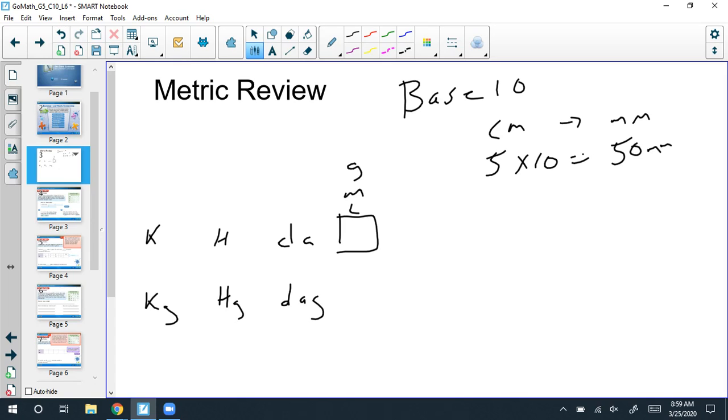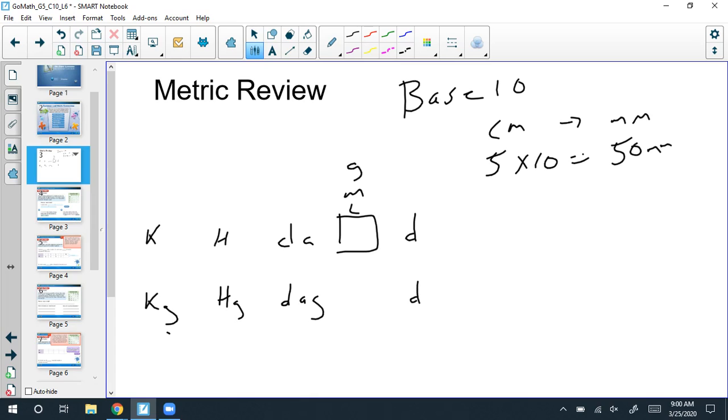Again, each of these is 10 times bigger. So if we just had 1 gram, a decagram is 10 times bigger, a hectagram is 100 times bigger, and a kilogram is 1,000 times bigger than just your basic gram. Moving in the other direction, our next one down is going to be the deci.